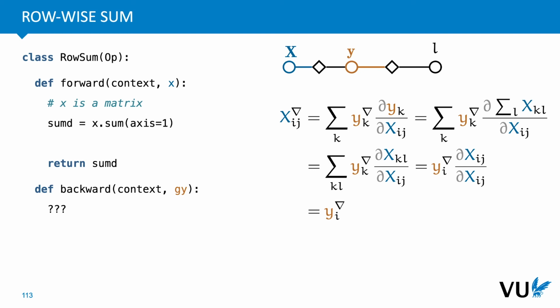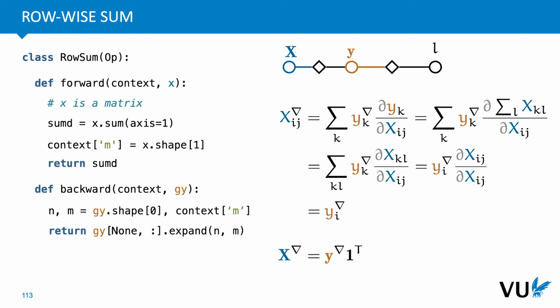So if we repeat the vector y nabla and concatenate it a bunch of times, then we end up with the matrix x nabla. And in notation, we can achieve this by taking the outer product of y nabla with a vector of 1s. And in code, at least in PyTorch, we would insert a singleton dimension, which is done by this None keyword in the slicing syntax, and then expand one of the dimensions to a particular given value.